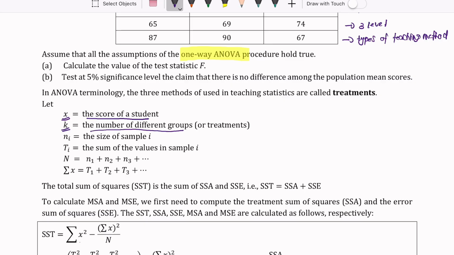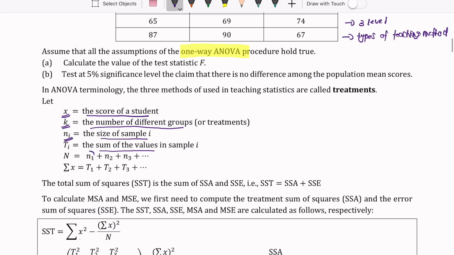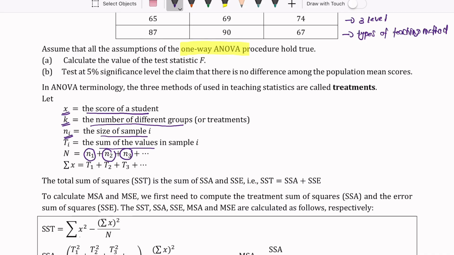We have 3 groups, so K is 3. And n_i is referring to the sample size of each group. T_i is the sum of the scores of each group. Capital N is the sample size of group 1 plus sample size of group 2 plus sample size of group 3. And summation X is the total score of group 1, total score of group 2, and total score of group 3.